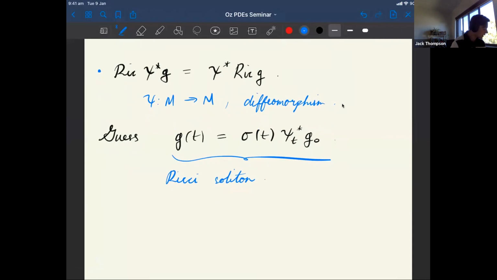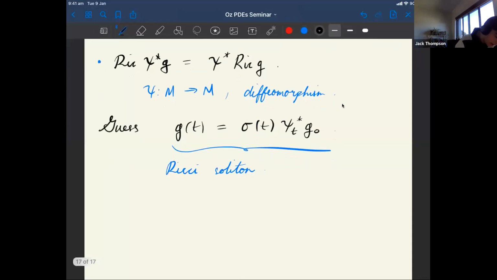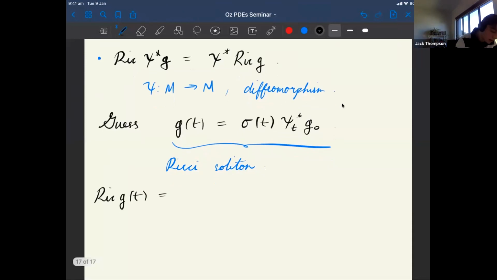Okay, so now let's see what happens if we actually substitute this guess into Ricci flow. So on one hand, if I put this into the Ricci curvature, as I said before, this guy disappears because Ricci curvature is invariant under scalar multiples.